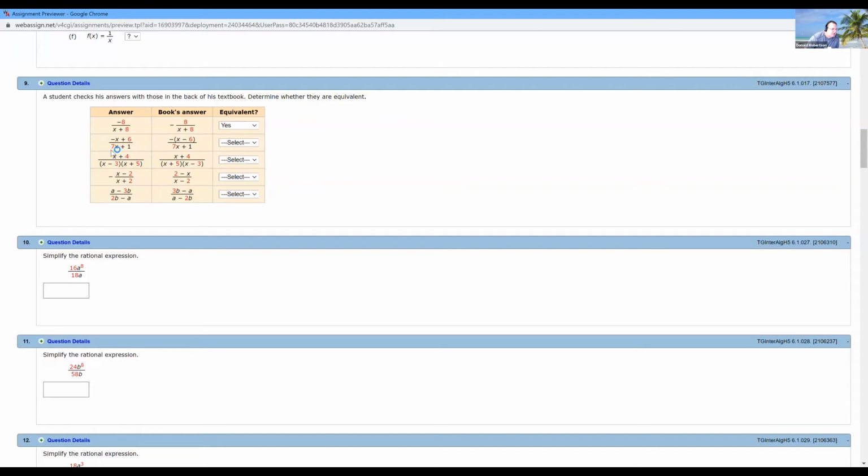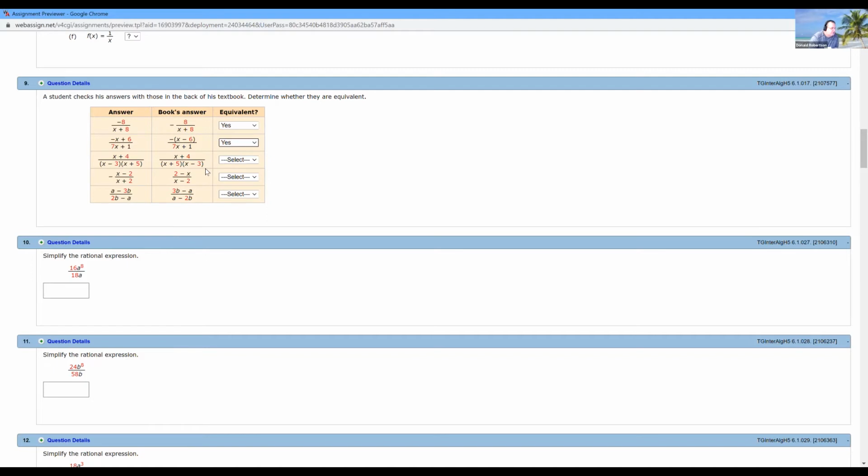Right, let's look at this one. The bottom's the same, so I'm not even going to look at the bottom. Is -8 add 6 the same thing as the negative of x take away 6? I see a nod. I agree with you, so you'd say yes. Is it okay to take the two in the bottom and switch who goes first and who goes second as long as you don't change anything else?